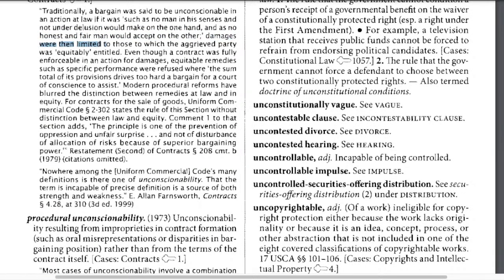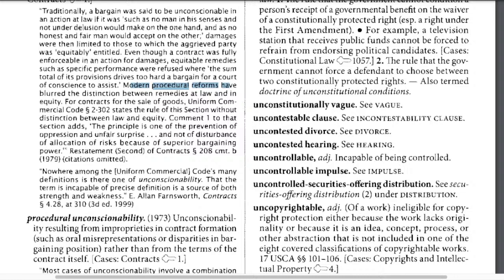Damages were then limited to those which the aggrieved party was equitably entitled. Even though a contract was fully enforceable in an action for damages, equitable remedies such as specific performance were refused where the sum total of its provisions drive too hard a bargain for a court of conscience to assist.